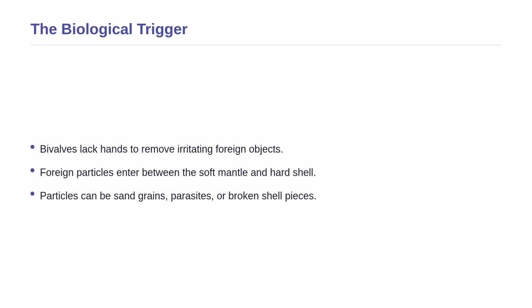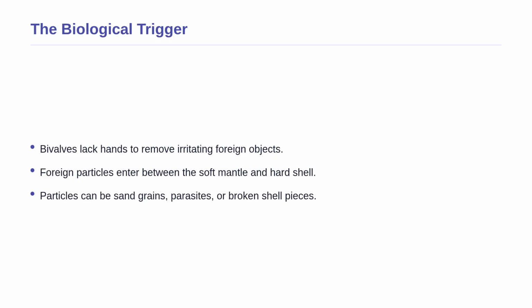Now that we understand the basic analogy of a splinter, let us look at the biological trigger for pearl formation. Bivalves are aquatic animals, and unlike us, they do not have hands to simply pull out an irritating object.